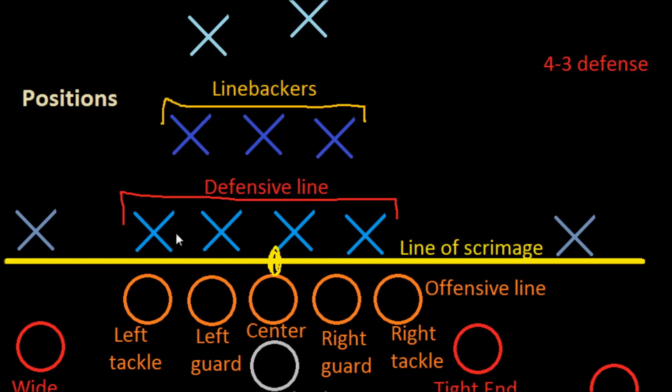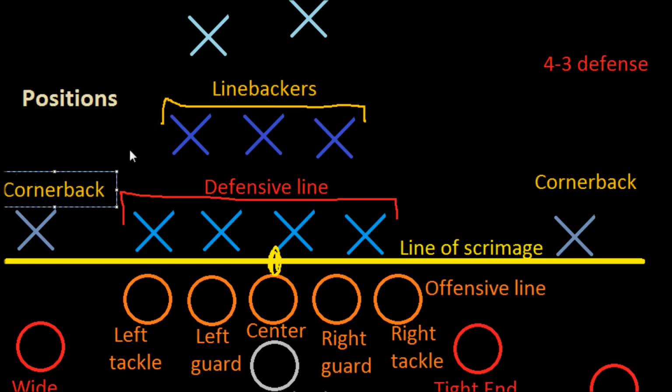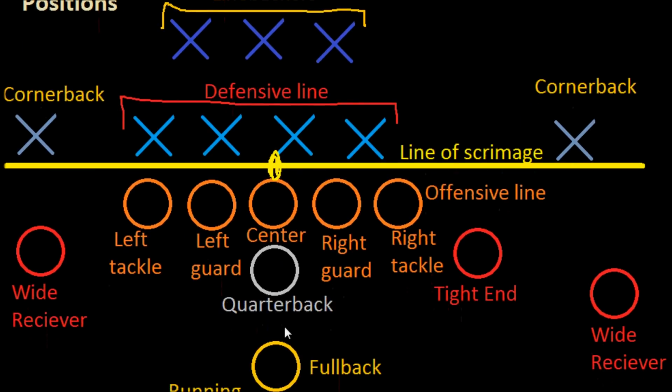So this is where you get the 4-3. And then on both sides, usually defending our wide receivers here, we have the cornerbacks. This is a cornerback, and this guy opposite him is also a cornerback, not to be confused with a quarterback.